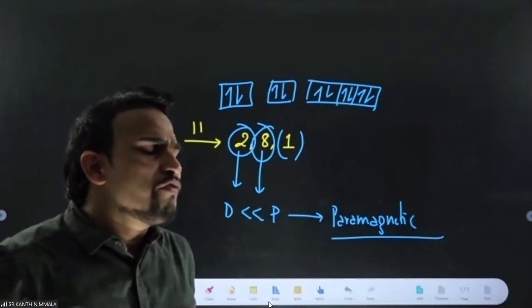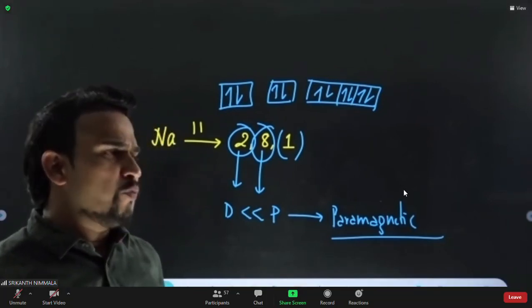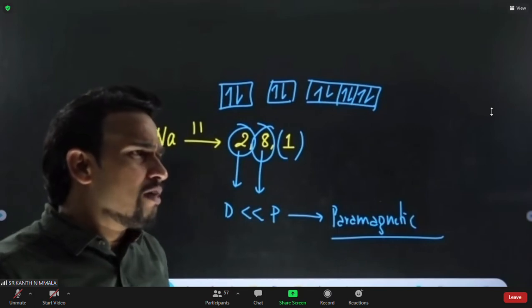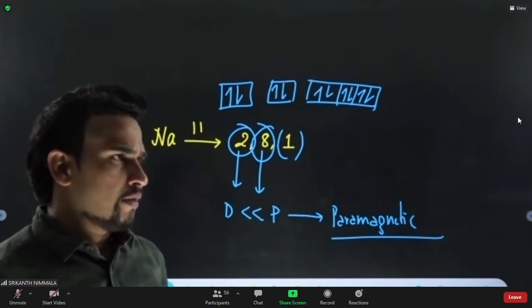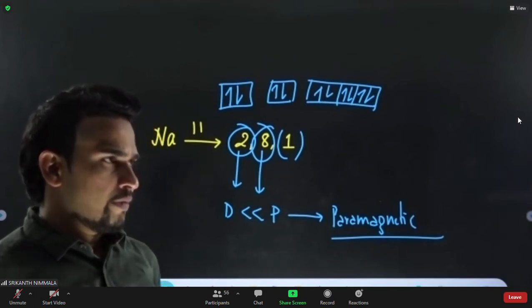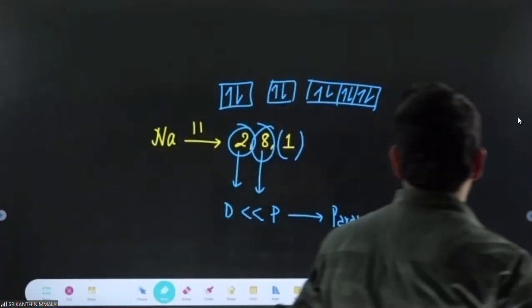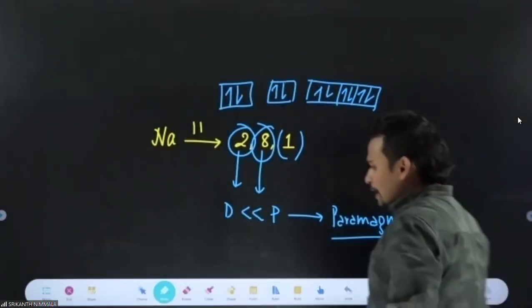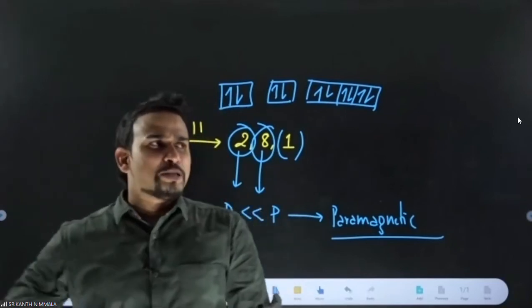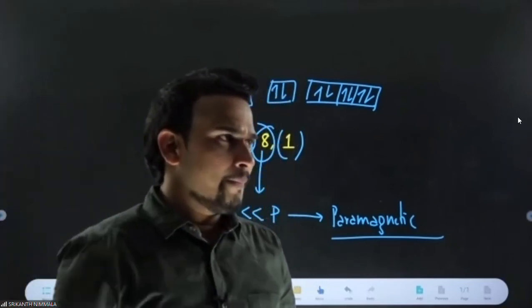Diamagnetism is a universal property which is present in every body.